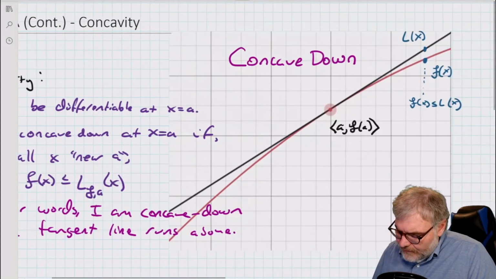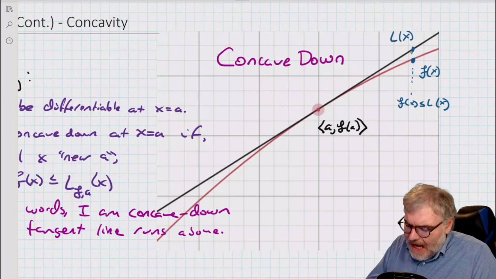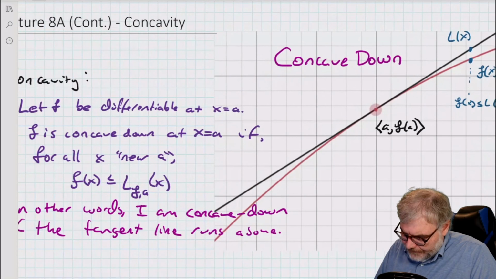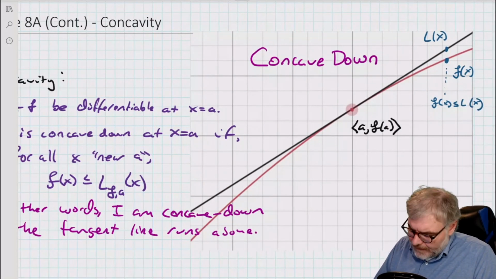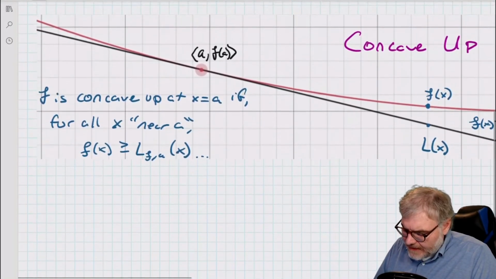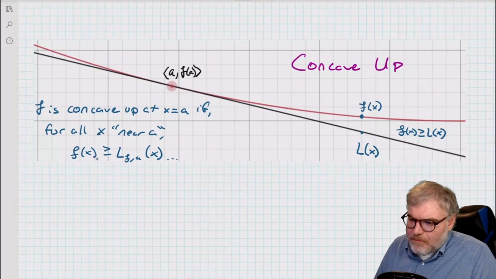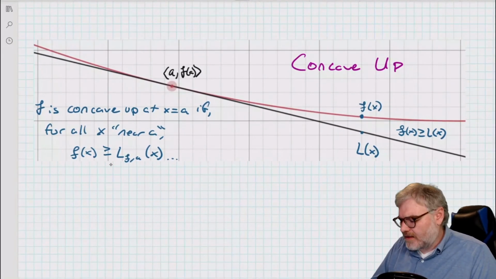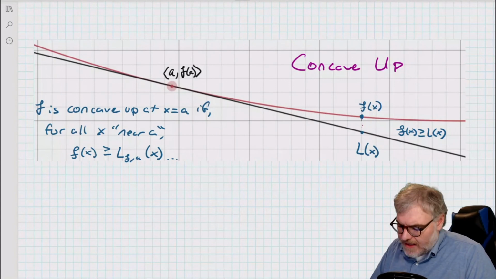So I'm concave down at a if for everything nearby, the linearization gives me an overestimate, or f is under the linearization. Now, of course, concave up is the exact same thing, except reverse. For all x near a, f of x is above the tangent line, or the linearization is an underestimate. And that's the definition of concave up.